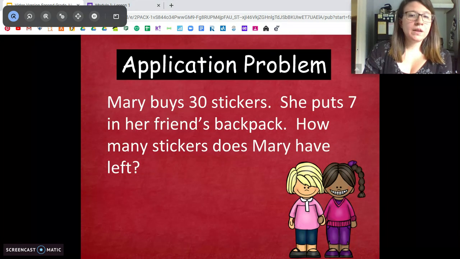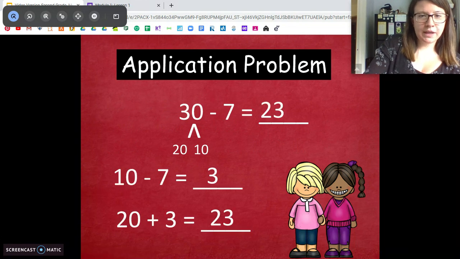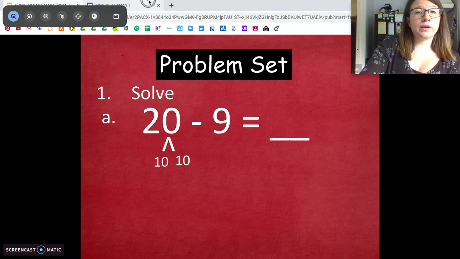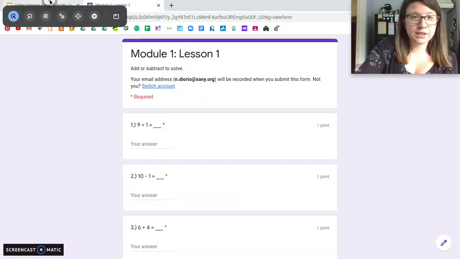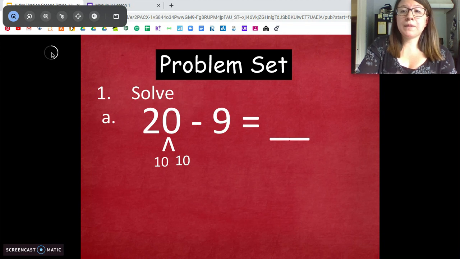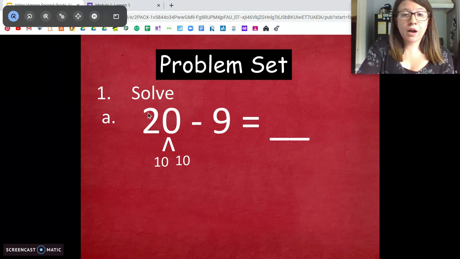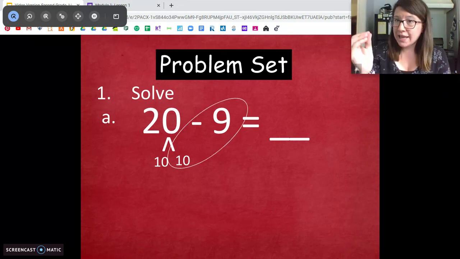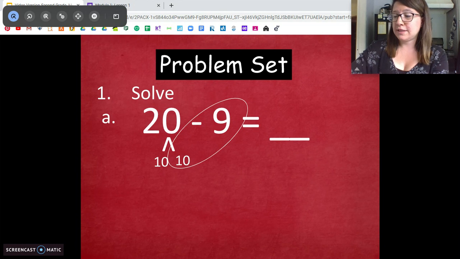Good. Okay, I'm going to skip this for now because I want to get into your problem set, which is going to be your exit ticket for today. So, your problem set, same thing that we just did. You're going to get problems that have a multiple of 10. You're going to break it down, pull out the 10, take out the 10, just like we did in our lesson today.